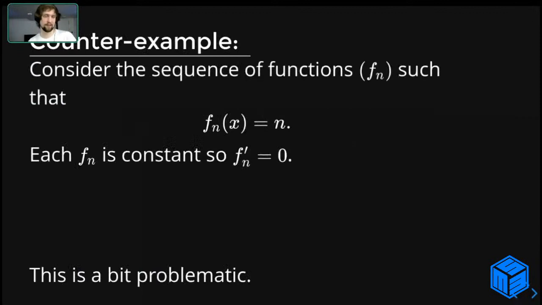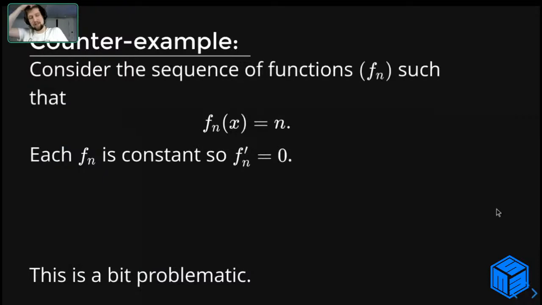But as an example of something like this, consider the sequence of functions f_n such that f_n of x equals n. Every function here is constant. So if I choose f_1 of x, then that's a constant function that's just equal to 1 across all of R. So each function's derivative is 0.